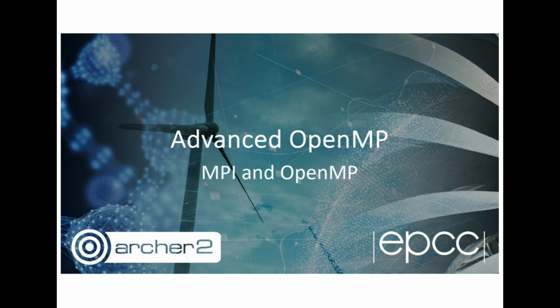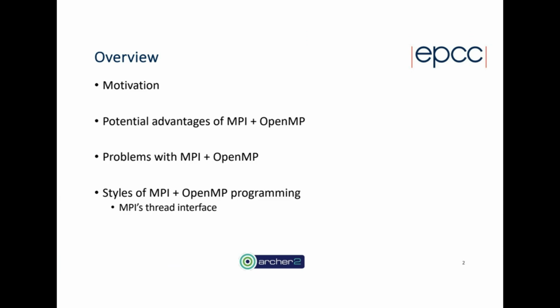So this morning I'm going to talk about combining MPI and OpenMP. What I'm going to cover is a bit of motivation. Why would you want to do this? And then move on to look at the potential advantages. What might you hope to gain by moving from, typically, a pure MPI code to a mixed MPI and OpenMP code.